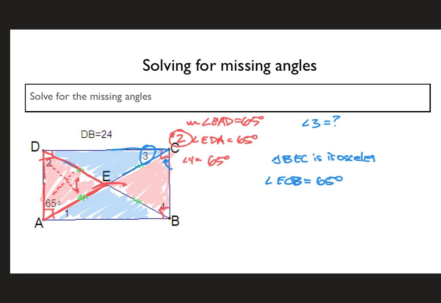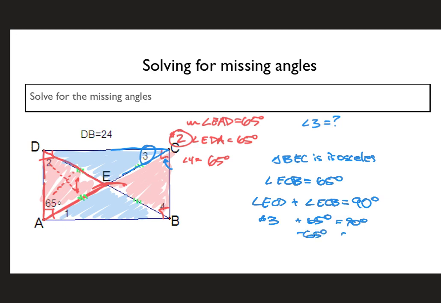ECD. Well, easy. ECD and angle ECB are complementary. They equal 90 degrees. So I know what ECB is. This is 65 degrees. We'll call ECD, we're just going to rename that number 3. And now we have one equation, one unknown.